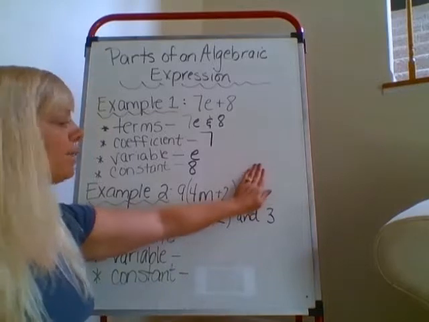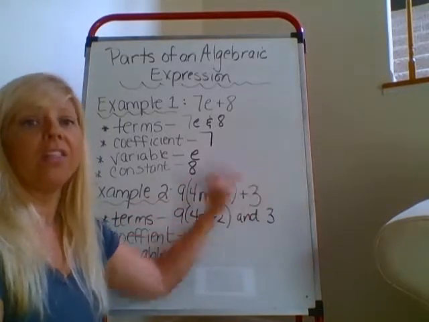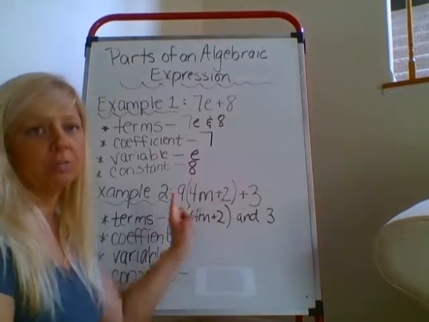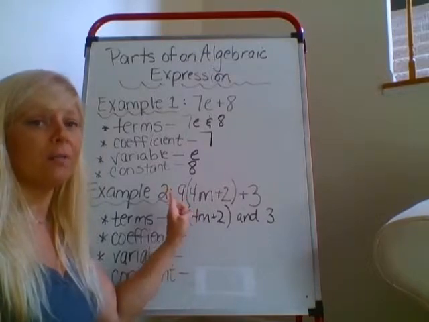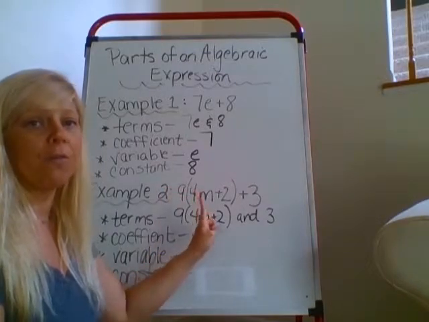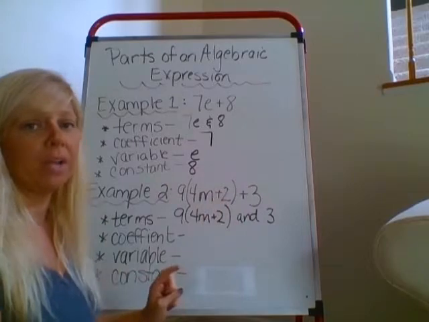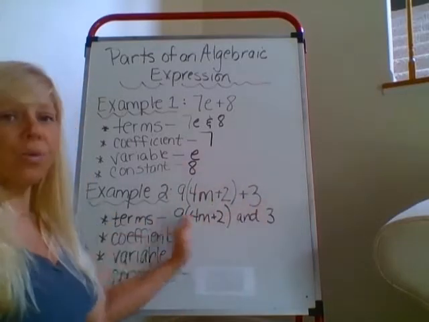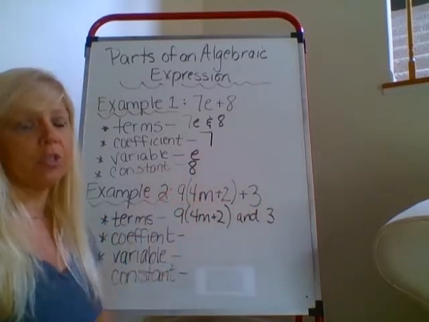Now, if I cover up the 3, this part also has 2 terms, and this one we would say the product of 9 and 4m plus 2. So the whole thing is the sum of 2 terms.